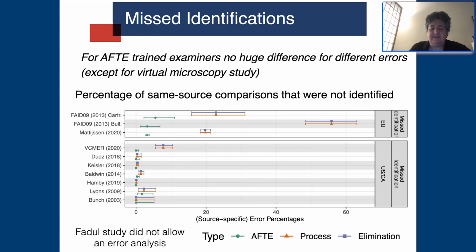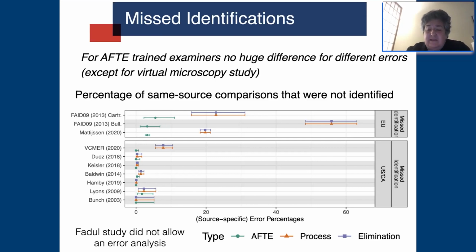So what do we see? First of all, AFD here in green, AFD counts only examiners' errors. So AFD errors are always the smallest out of the three. And process errors are the highest, because anything that's not resulting in a same source or in an identification or an elimination is counted as an error.